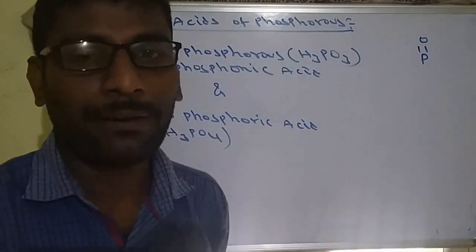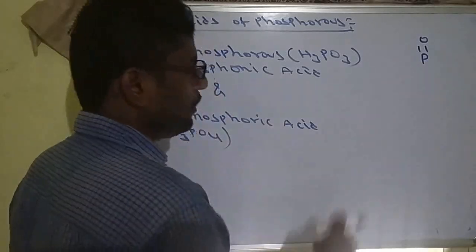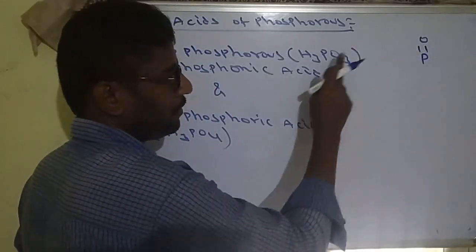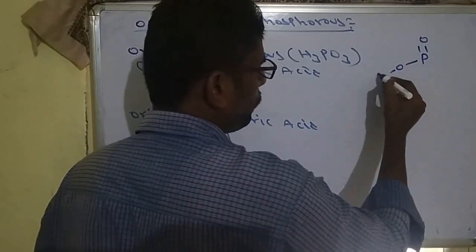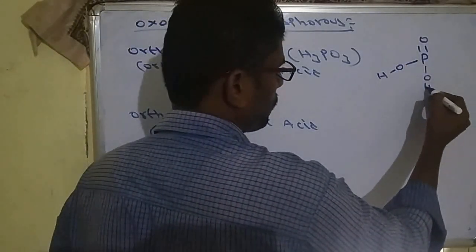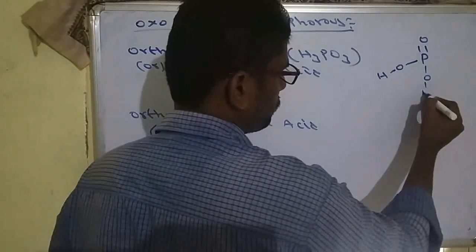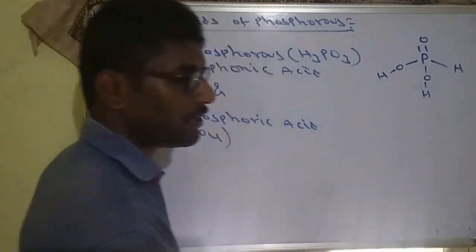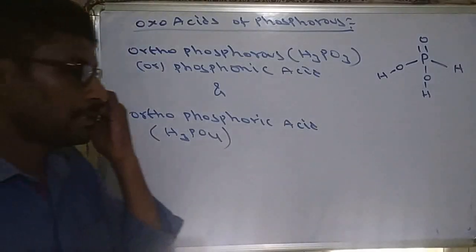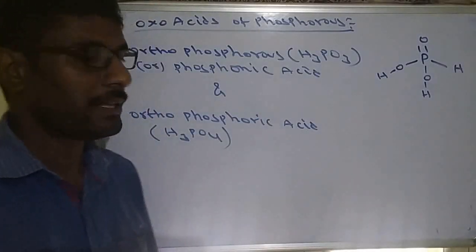Remaining we have to write in OH form. Here one oxygen is the double bond, remaining two oxygens are there. That means possibility of two OH groups. And one extra hydrogen is present. That is the structure of orthophosphorus, also called phosphonic acid.